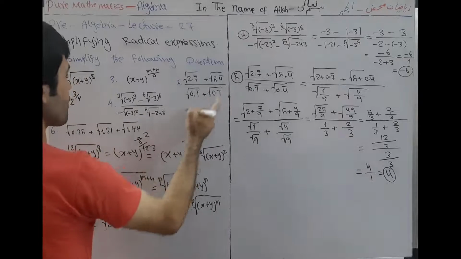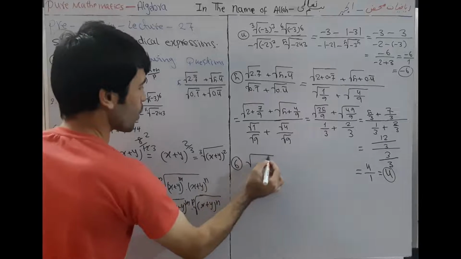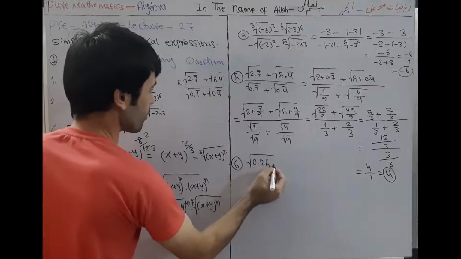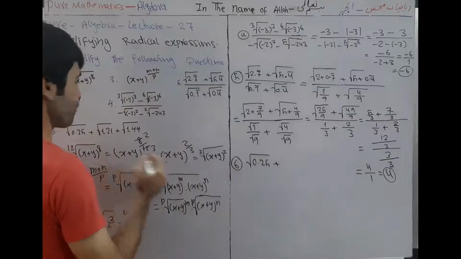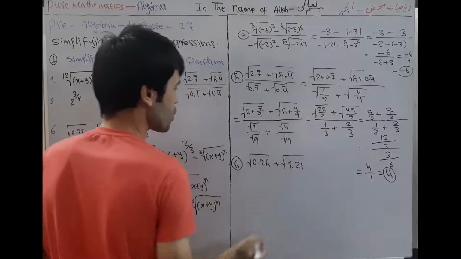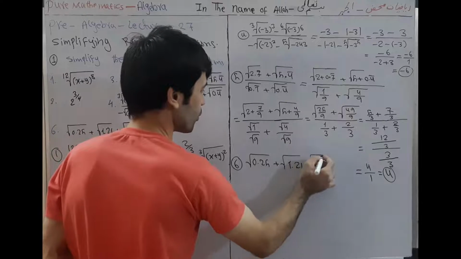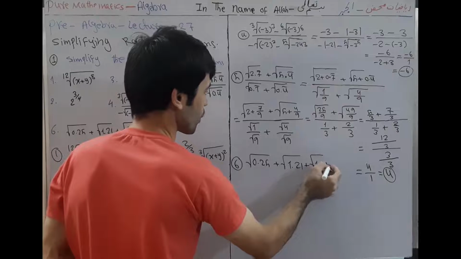It was the 5th one. Now the 6th one. Question 6: we have the square root of 0.25 plus square root of 1.21 plus square root of 1.44.